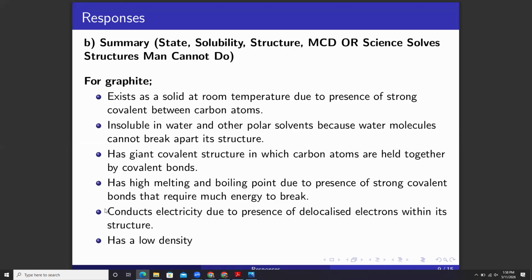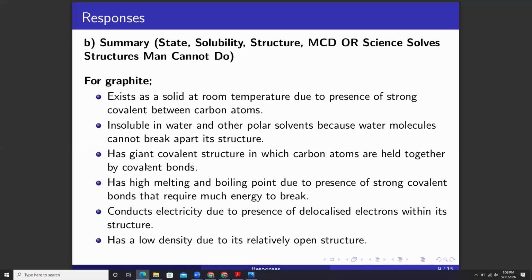Graphite has a low density due to its relatively open structure. This cannot work for sand. Sand has a higher density. That's why if you put it in water, it goes down. But if you put charcoal on water, it will float. So that's why it has a low density. So the first four work for the others as well.